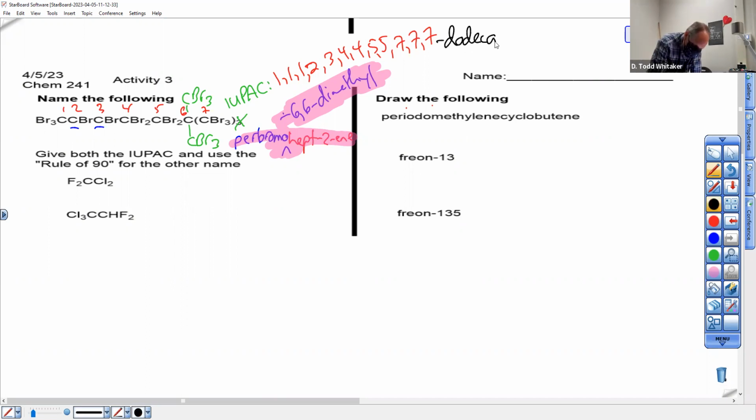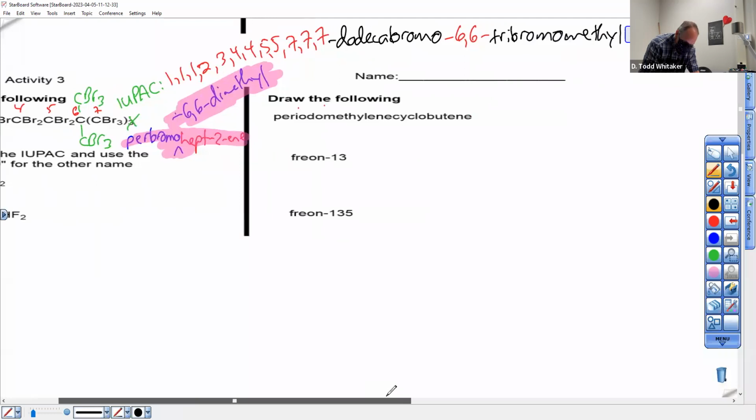Then you're not done. The other group is tribromomethyl, right? And that's on 6, 6, 6. Tribromomethyl. Can't read what I'm writing, huh? There it is. And then you got to say hept-2-ene.